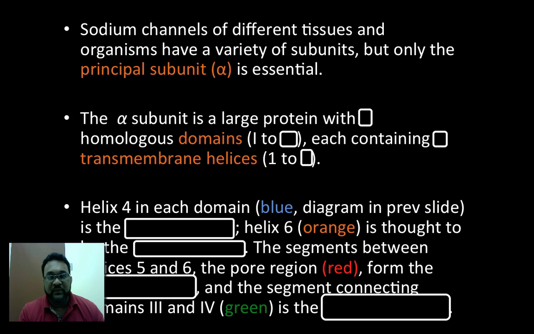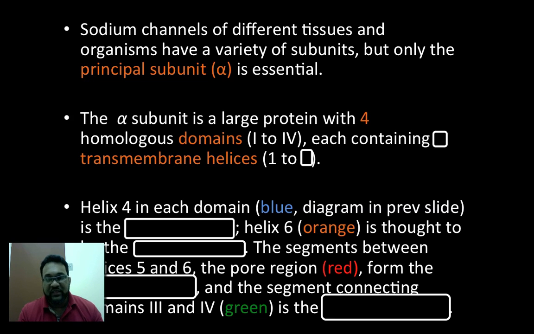So you've gotten the first part correct. Let's move on. The alpha subunit is a large protein with how many homologous domains? And I know you know the answer, and you should have correctly said 4. So the alpha subunit is comprised of 4 homologous domains. So we're going good. Alright, you're ready to go ahead.